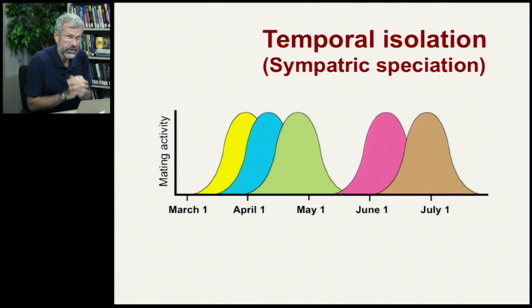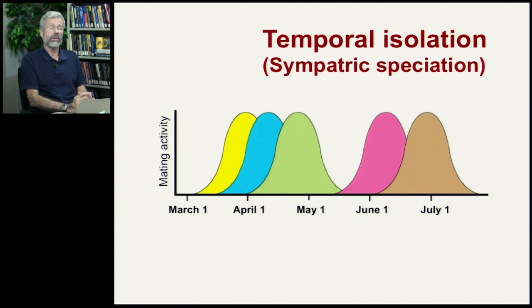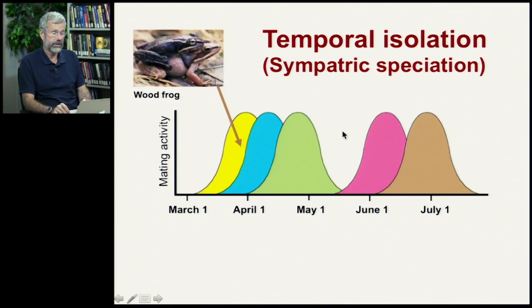Now, with temporal isolation, this is sympatric, so you're in the same place, but some individuals may only want to mate at certain times of year, whereas others mate at a different time of year. And this is kind of a cute example, taking the typical mating period for 5 different species of frogs in the same pond. Wood frogs do most of their mating around April the 1st.